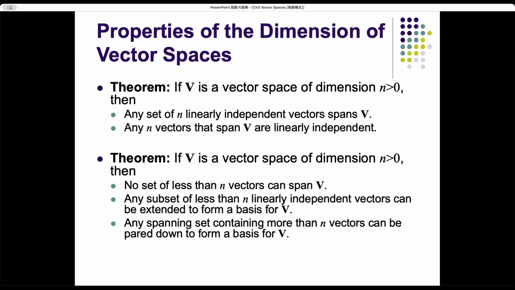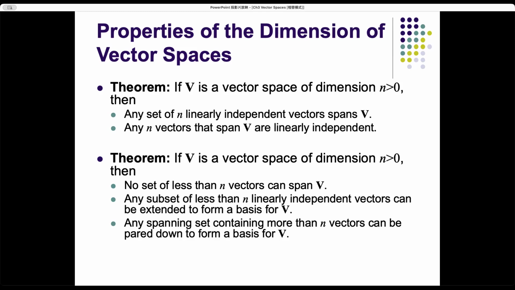If they are not independent, then we can reduce this spanning set by one vector and still be able to span V. Then we check whether the rest of these vectors are independent. If they are independent, then again we have a dimension lower than n, and so on.